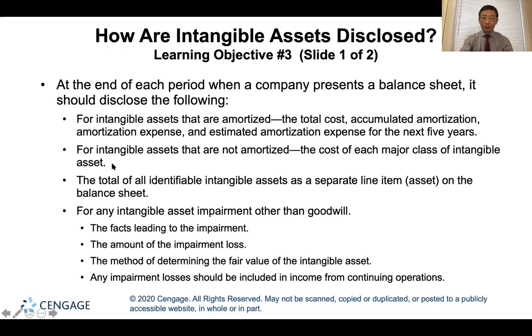But we still need to report the cost of each major class of intangible assets. And also, we need to separate identifiable intangible assets as a separate line on the balance sheet.